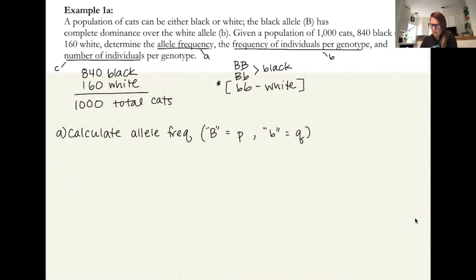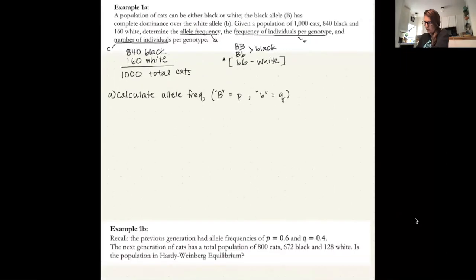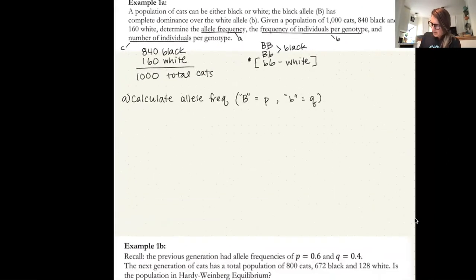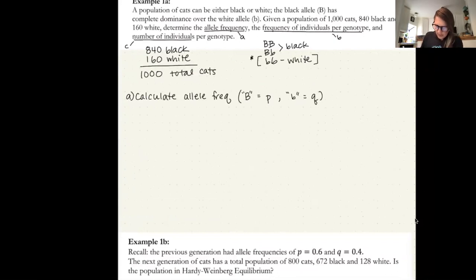Sorry, I'm going to change my iPad orientation here so you can see a little bit better. Okay, so the first thing I'm going to do is focus on these white cats up here, because I know those white cats correspond to the little b, which is the homozygous recessive genotype.